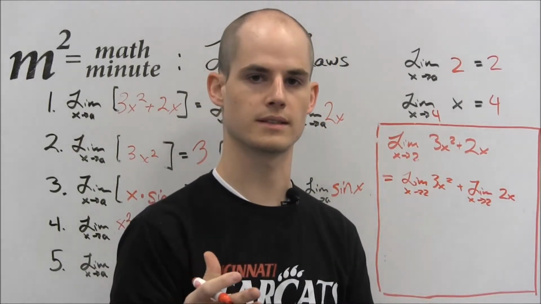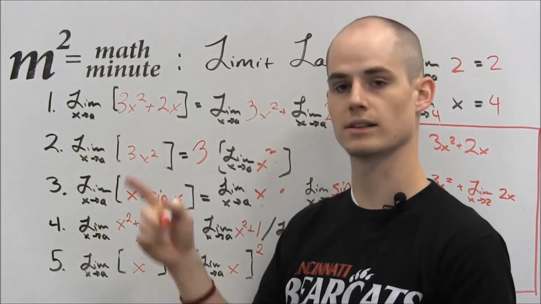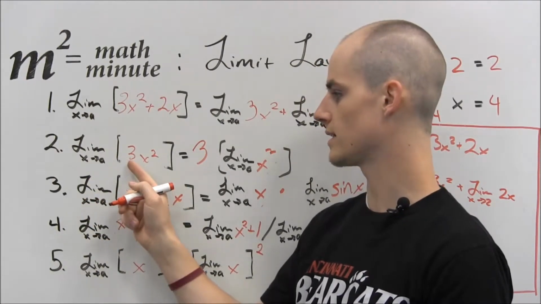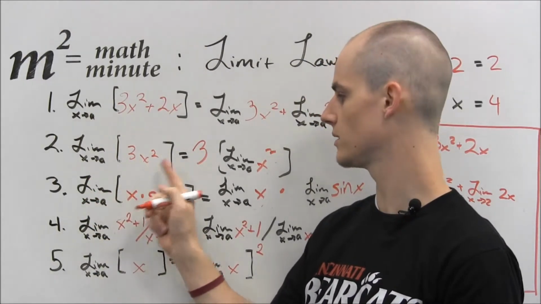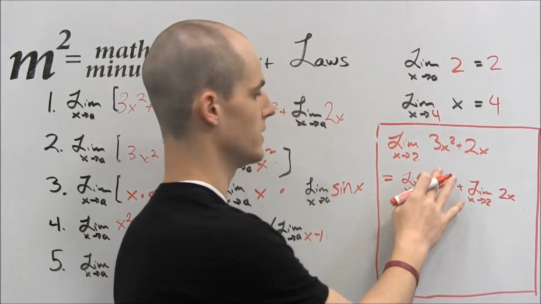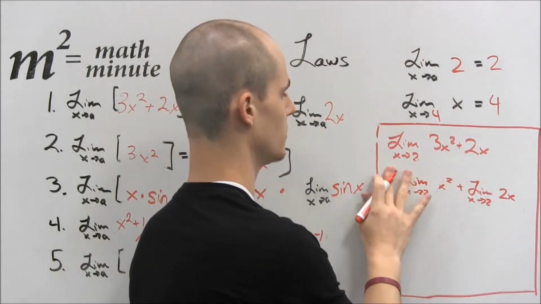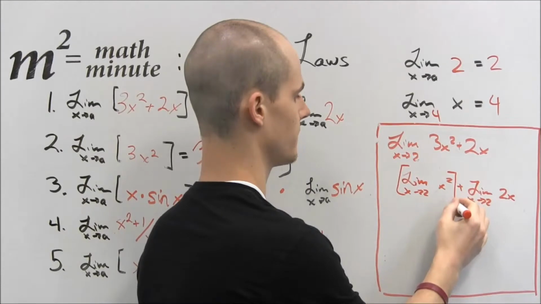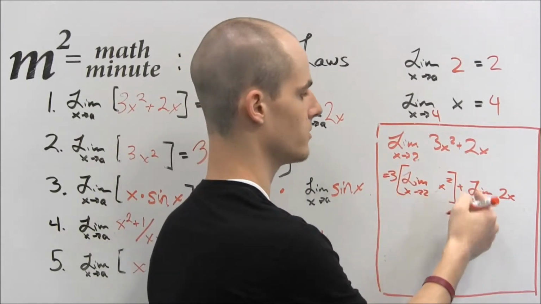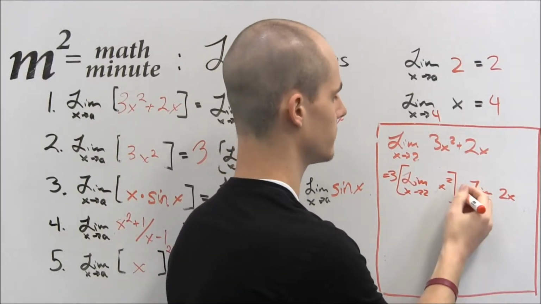So we've been able to split this into 2 using the first rule. Now let's apply the second rule, which says if we have a constant times a function, we can take that constant out. So in this case, we had a 3, so we can put this 3 out in front. And over here, we had a 2, so we can put this 2 out in front.